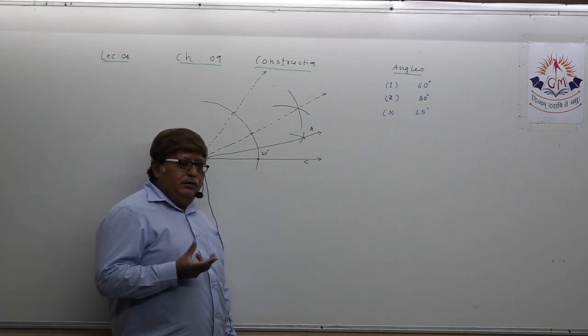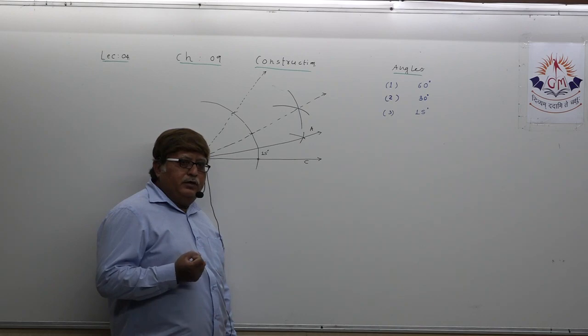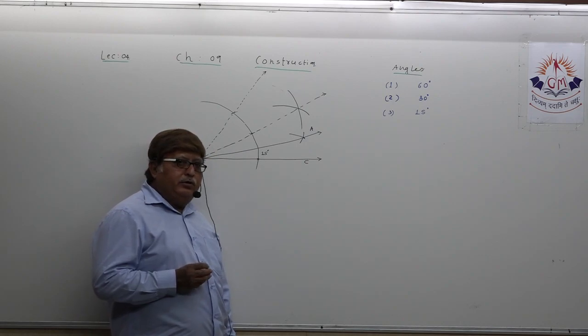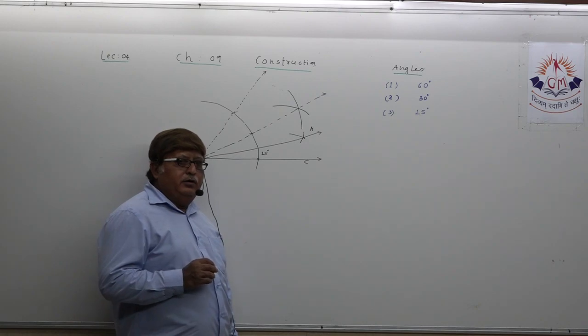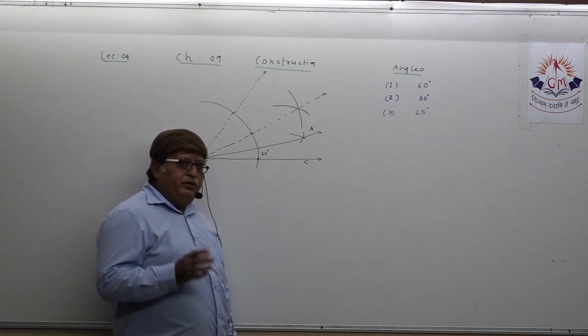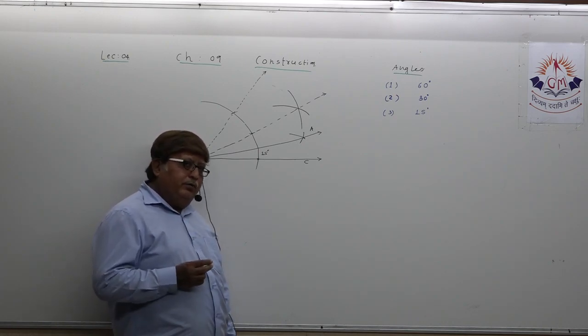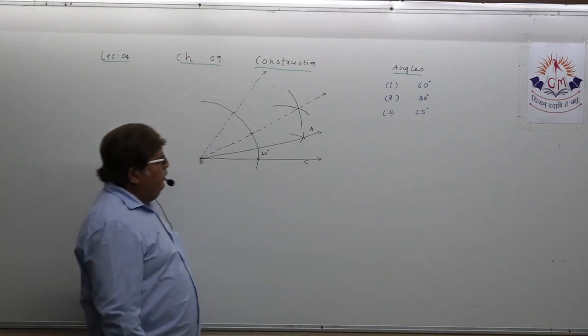First you learn to construct angle of 60 degree, then you learn to bisect it to get the angle of 30 degree, then you learn to bisect angle of 30 degree to get the angle of 15 degree. 60, 30, 15. This way you can get the angles, okay?